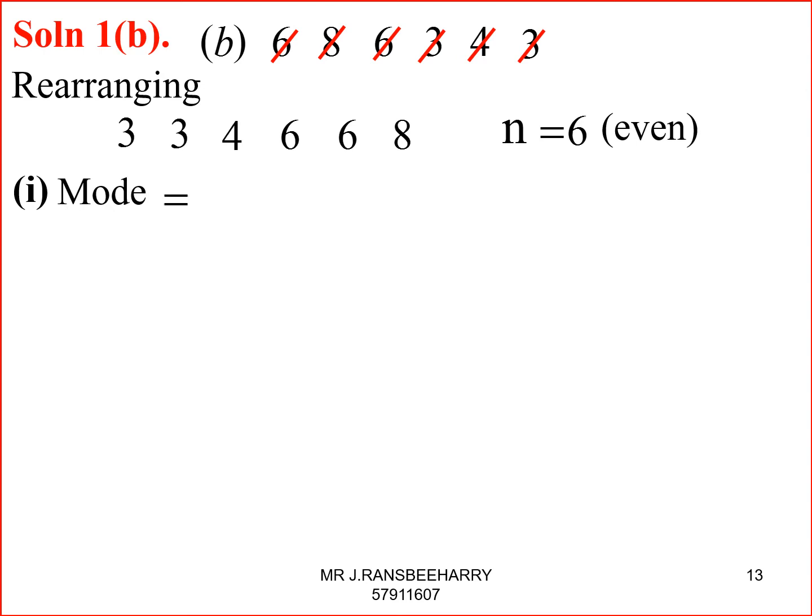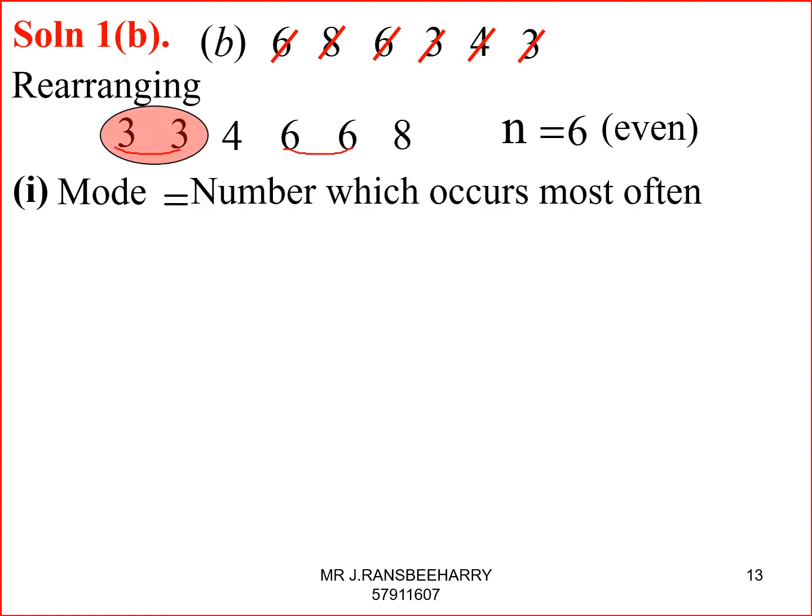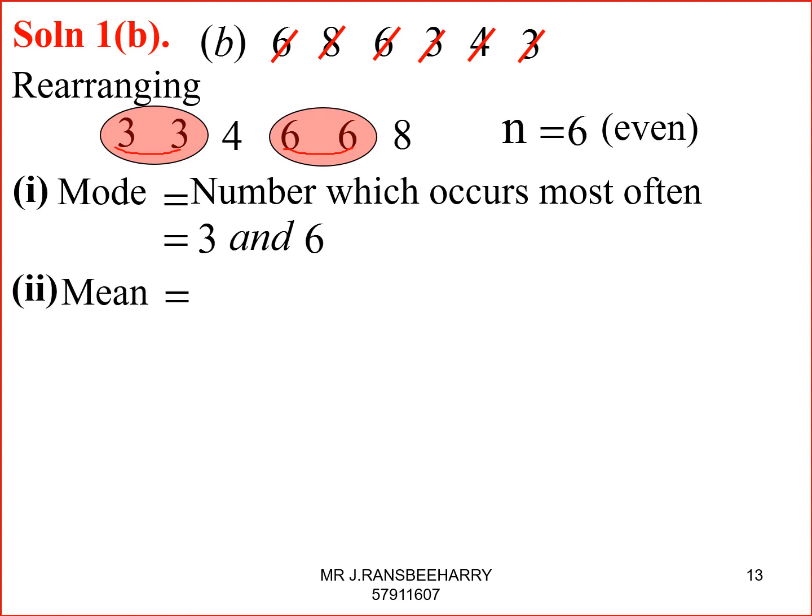For the mode, the mode is a number which occurs most often. So 3 we have 2 times and 6 we have 2 times. So we have 2 modes here, 3 and 6.